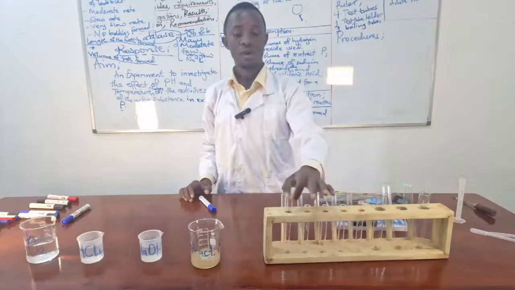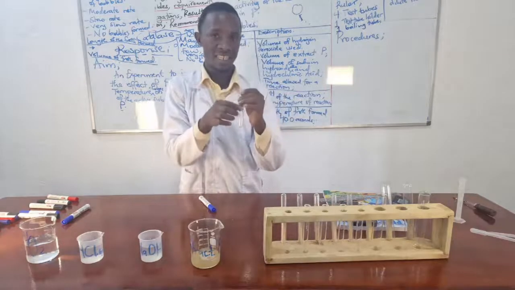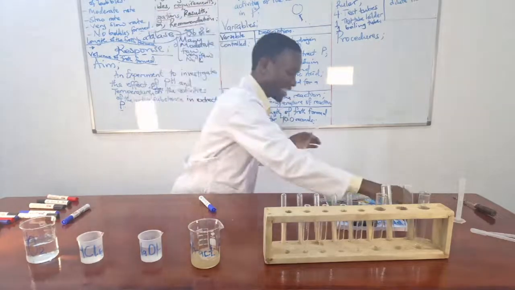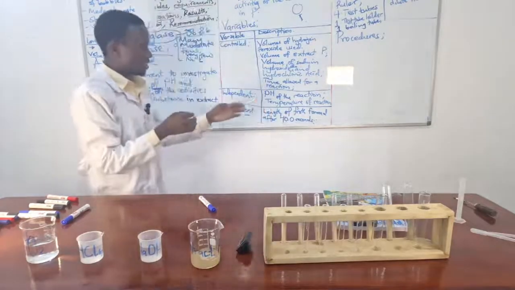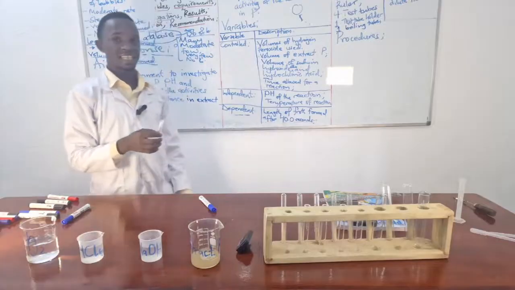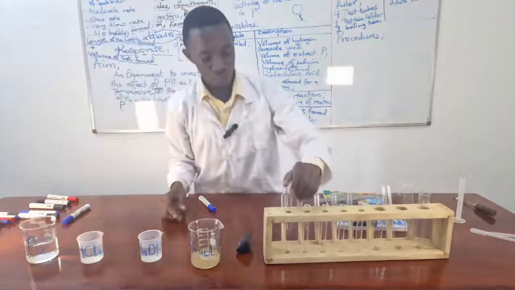I will start with 1. When I add that volume of the extract, I will give it time. I will immediately start the stopwatch and determine the amount of froth formed after 40 seconds. I will put it back.